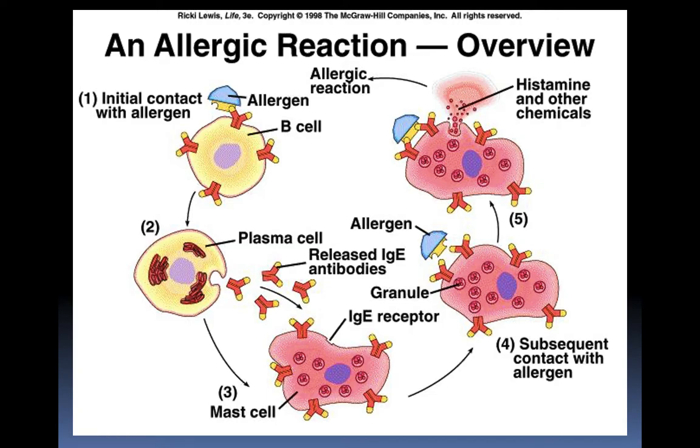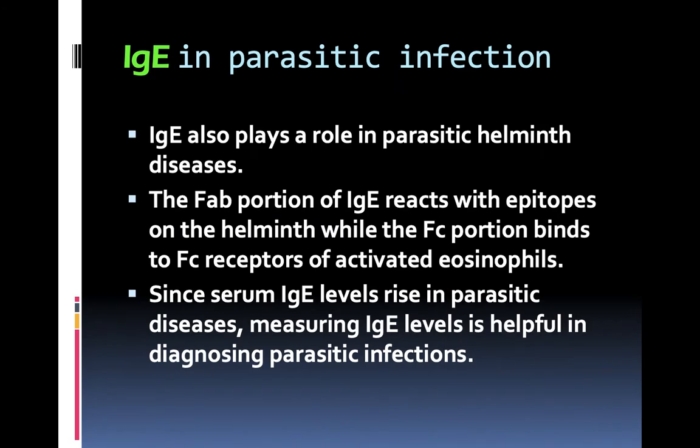Okay. Aside from the allergic reaction, IgE is also involved in parasitic infections. No? So in parasitic infections, the Fab portion, the fragment antibody binding portion of the IgE, reacts with epitopes on the helminth, while the Fc portion will bind to the Fc receptors of activated eosinophils.